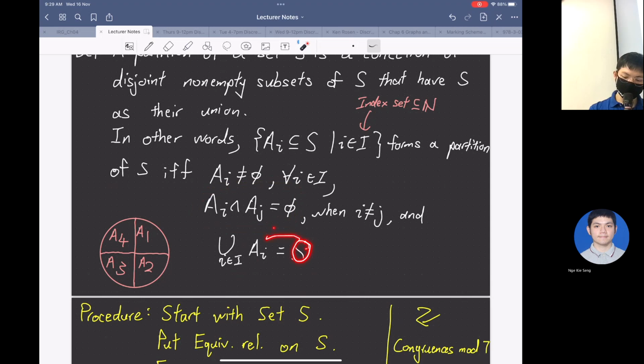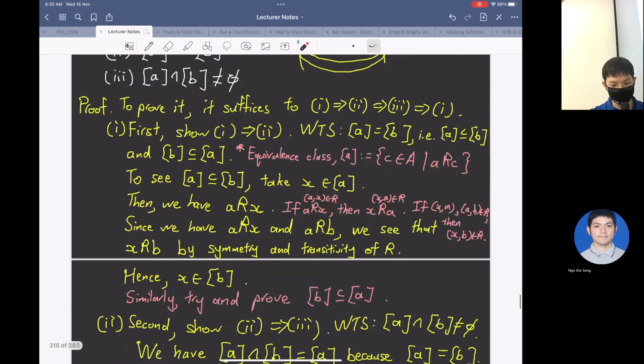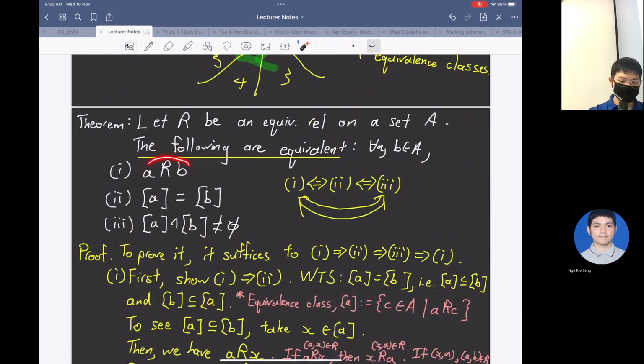Every element belongs to some equivalence class. The other inclusion is easier because all of the A_i are subsets of X, so you automatically get this. The next thing is to show the pairwise intersection is empty. By the theorem here, if you have different equivalence classes, then by contrapositive the intersection is empty.